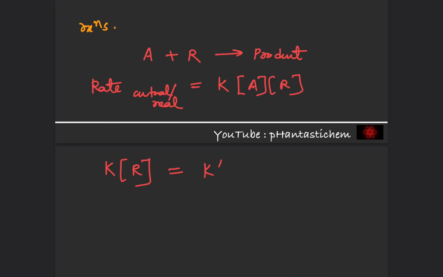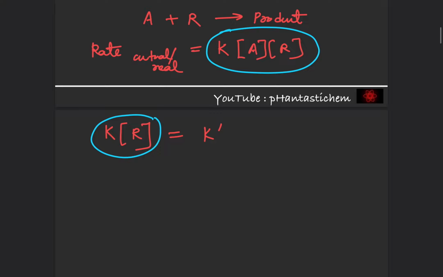So substituting this in this equation, we get the rate that is measured, or the assumed, because we have done an assumption that the concentration of R remains constant. So this is rate measured or rate assumed, which is going to be k into R, which we have taken as k dash, and concentration of A.